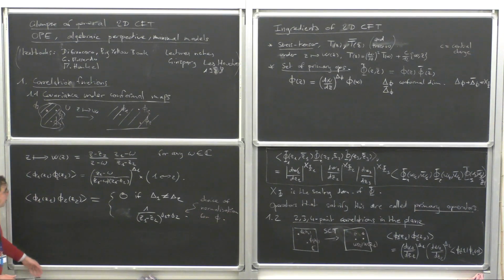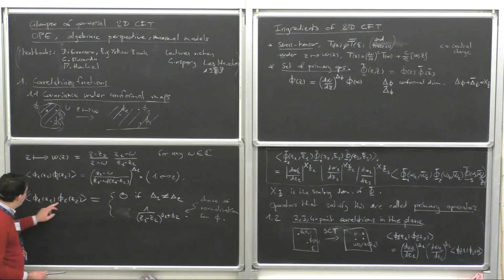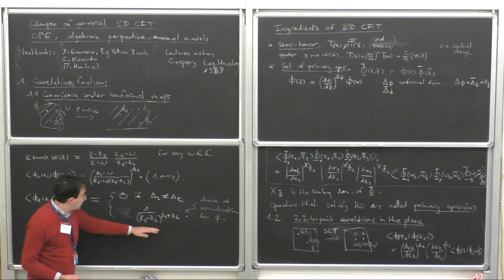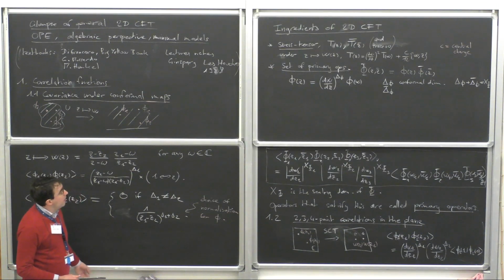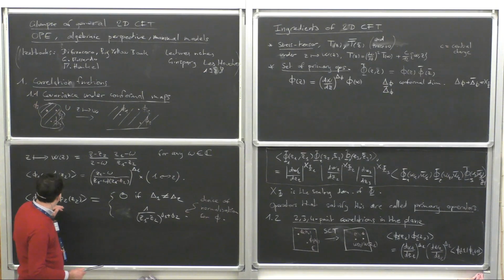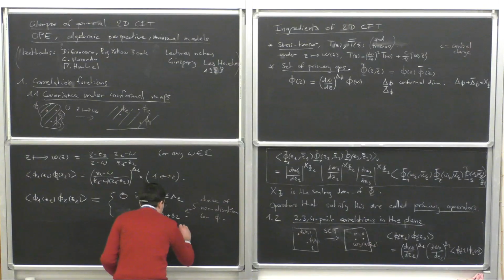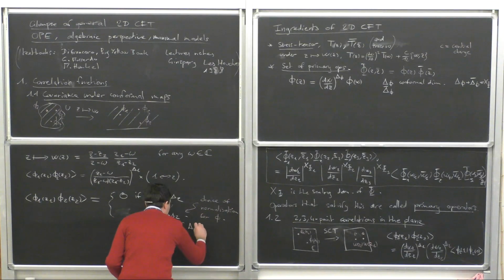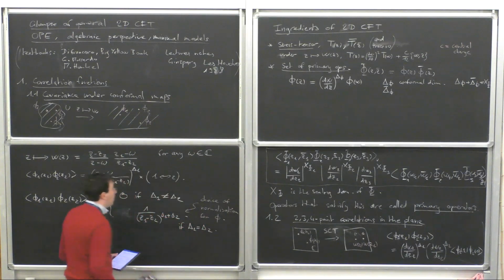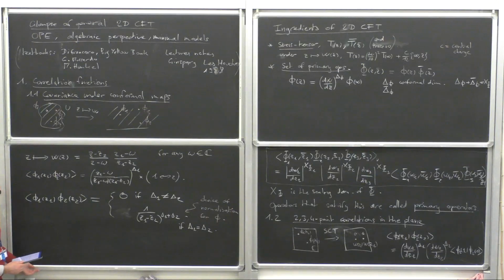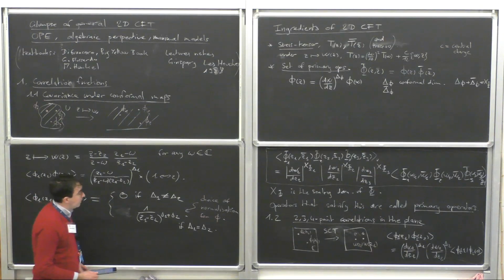So standard notation in conformal field theory is that the 2-point function is normalized so that you have this. And if the two operators do not have the same scaling dimension, then the 2-point function must vanish. So this is if delta 1 equals delta 2.